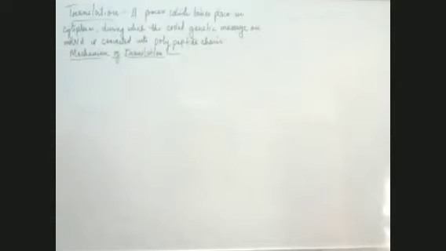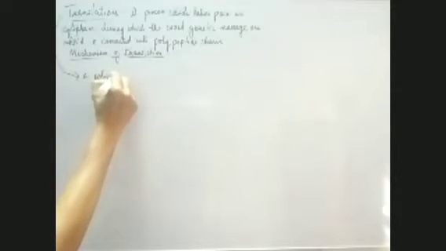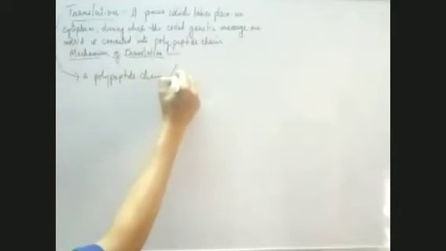The first step in the mechanism of translation is activation of amino acids. See, for the process of translation to continue, amino acids are required because what is formed as a result of translation is a polypeptide chain or a protein molecule.